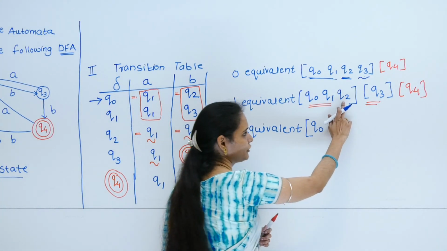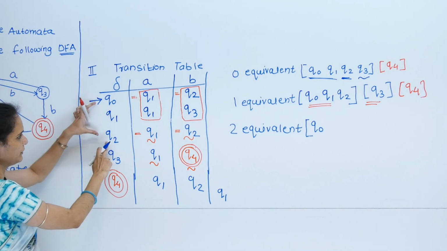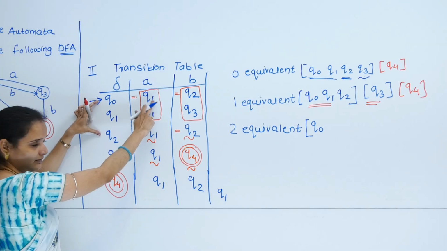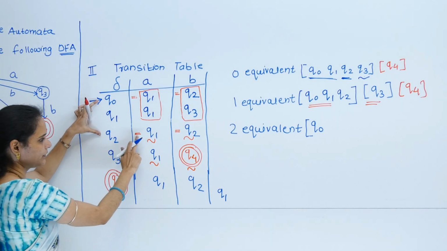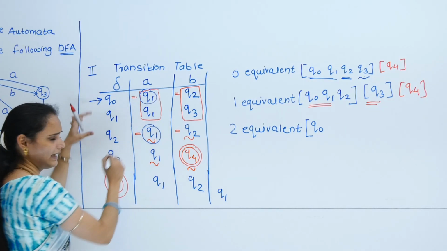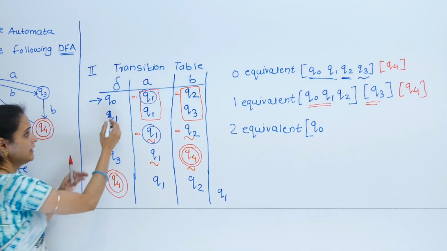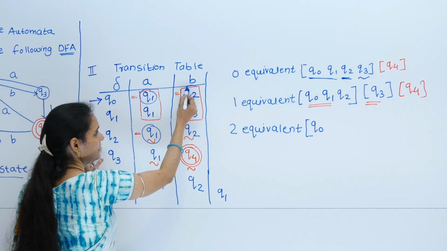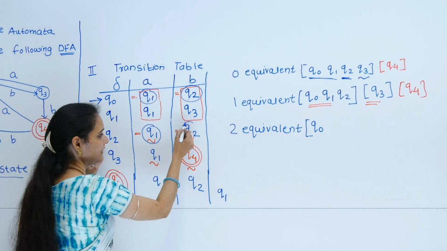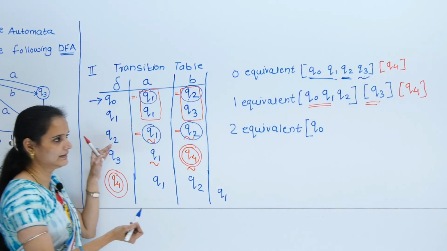So let us check Q2 and Q0. Q0 on input A goes to Q1, and Q2 on input A goes to Q1. Both are the same symbol, Q1 and Q1, so they will be present in one group. Q0 on input B goes to Q2, and Q2 on input B again goes to Q2, the same symbol making the same group.